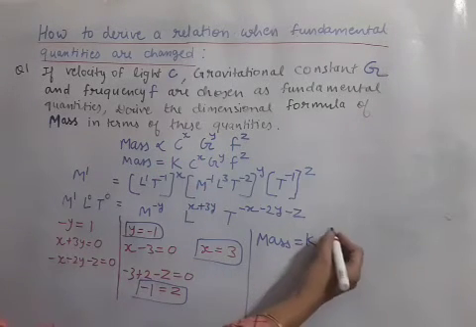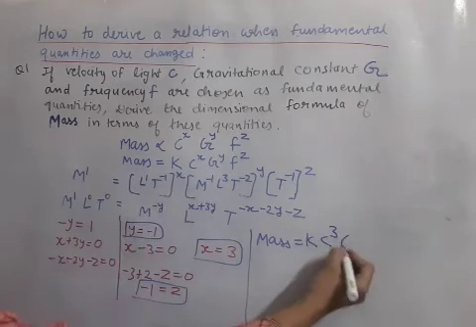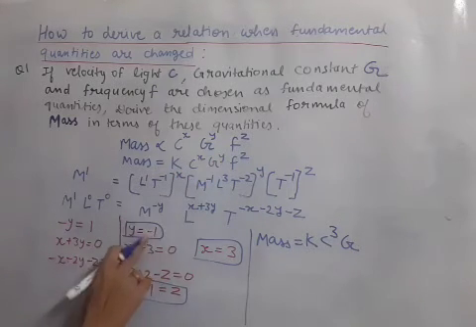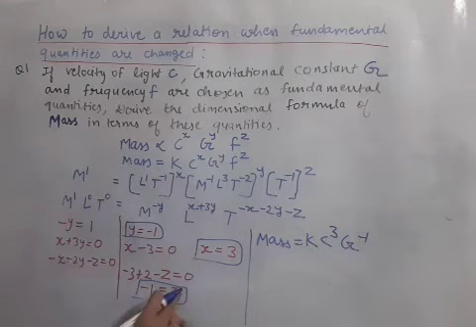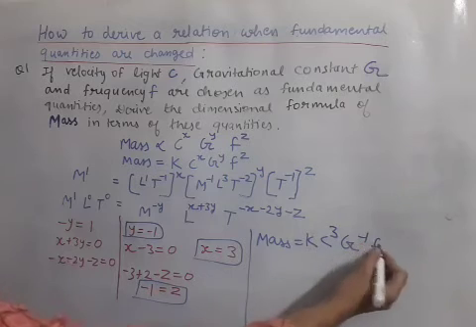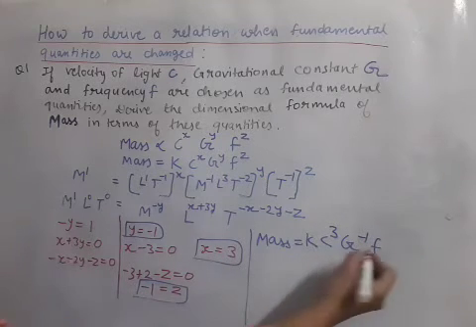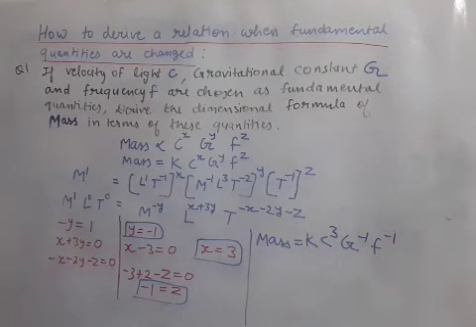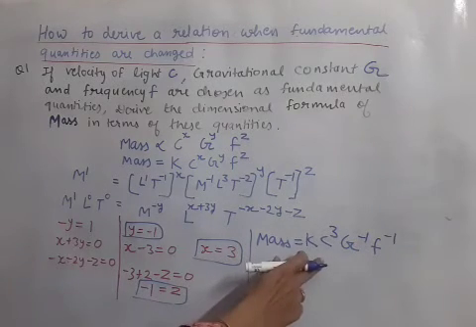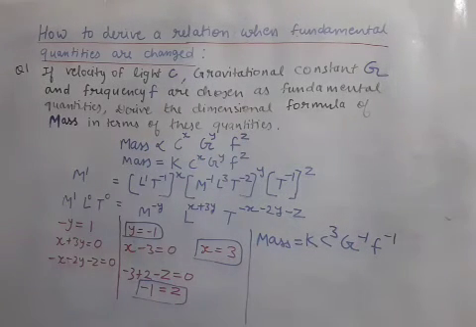X means 3. G power y. Y means minus 1. And f power z means minus 1. So this way we have got the mass dimensional formula in terms of given quantities.